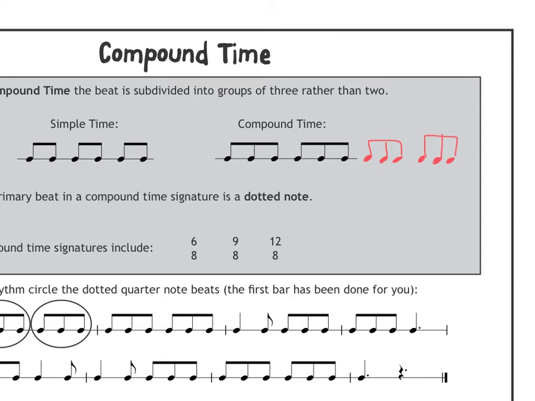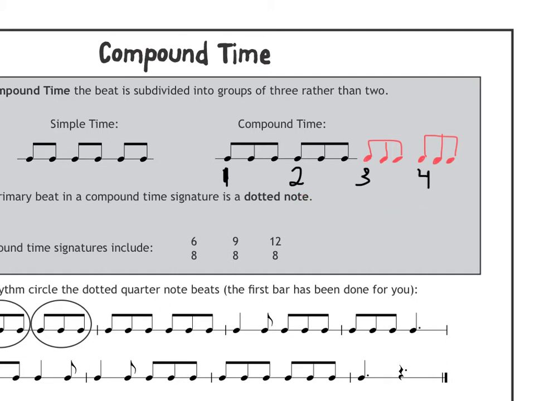I say 12/8 is just 4/4 in triplets, right? Because there's the beginning of beat 1, there's the beginning of beat 2, there's the beginning of beat 3, and beat 4. Okay, the beat is still the same. You might count 1, 2, 3, 4, 1, 2, 3, 4. That's a very common feel, right?